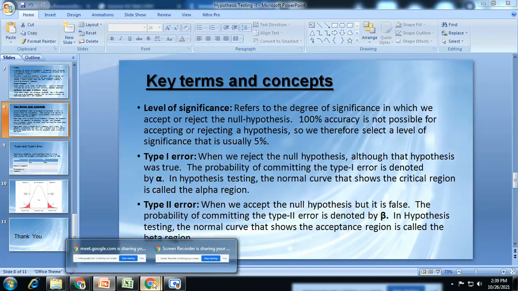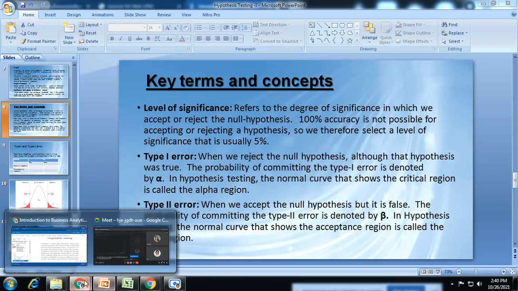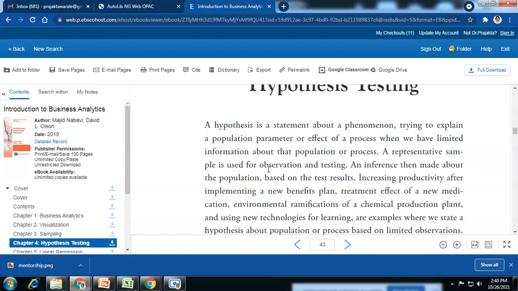Now I'll just show you one article or ebook on EBSCO. We have a subscription to EBSCO. There is this book called Introduction to Business Analytics by Majid Nabawi and David Olson.